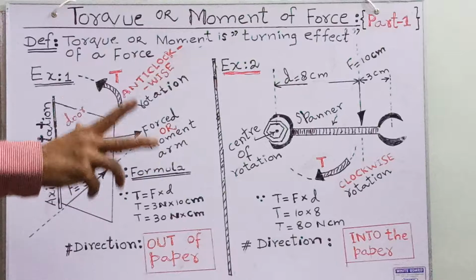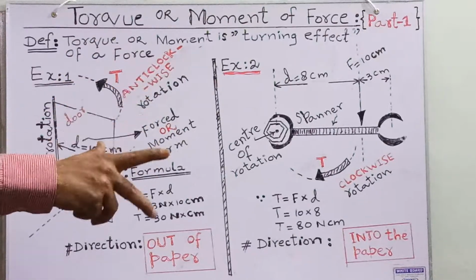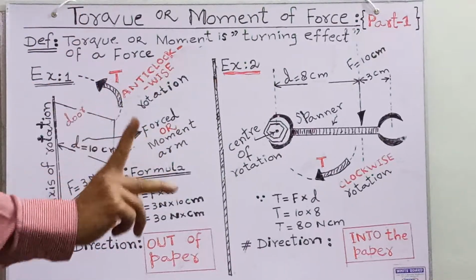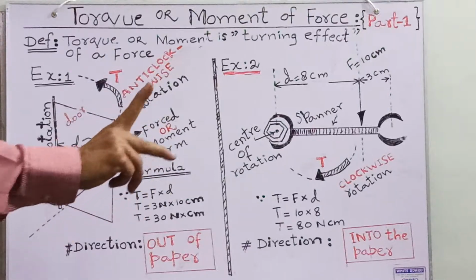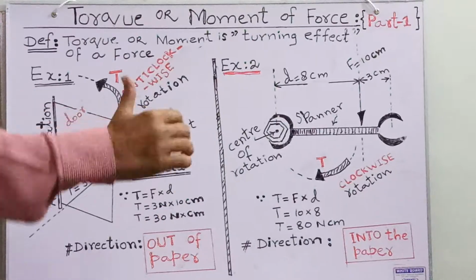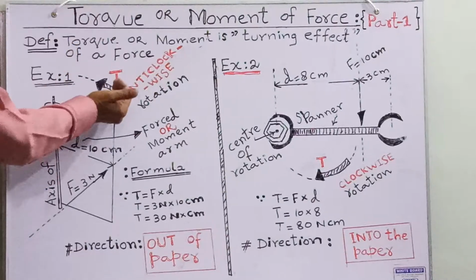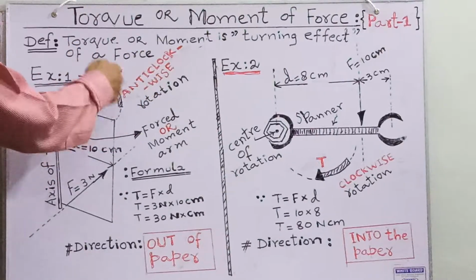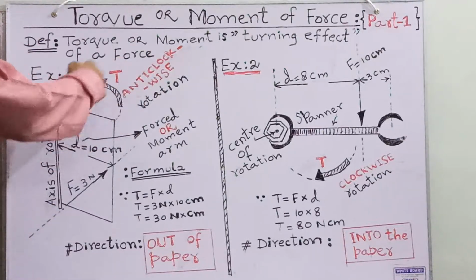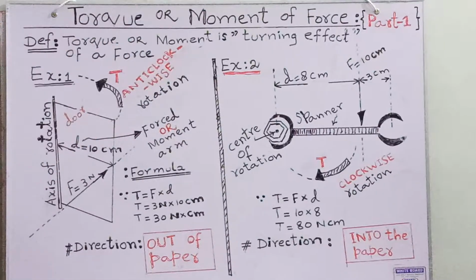The hands of a clock move or turn in this direction. It is the clockwise direction. But in this case, the rotation is opposite, anti-clockwise. So the rotation of the body is anti-clockwise, which means this torque is produced in the anti-clockwise direction.